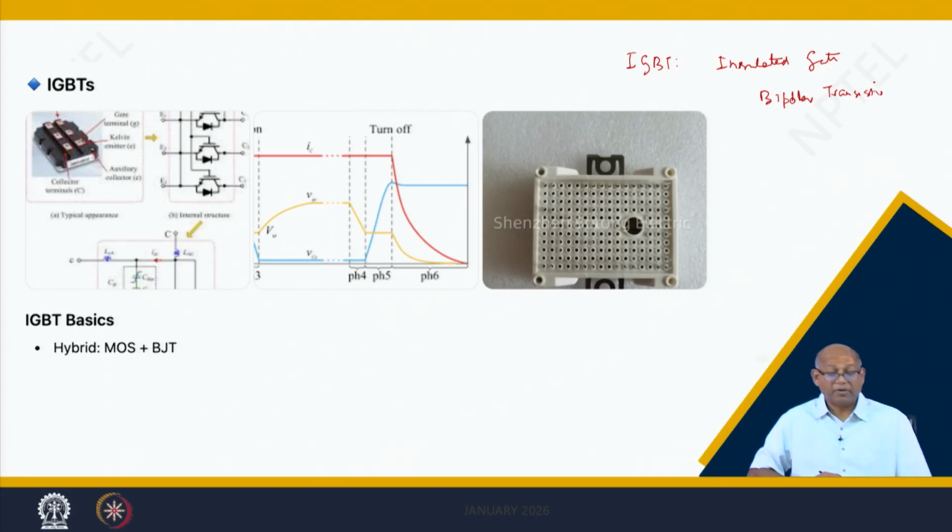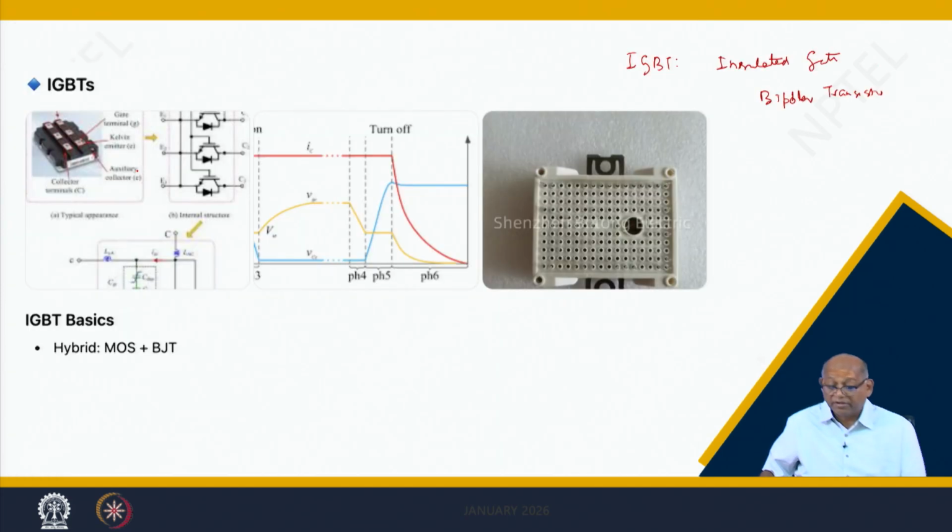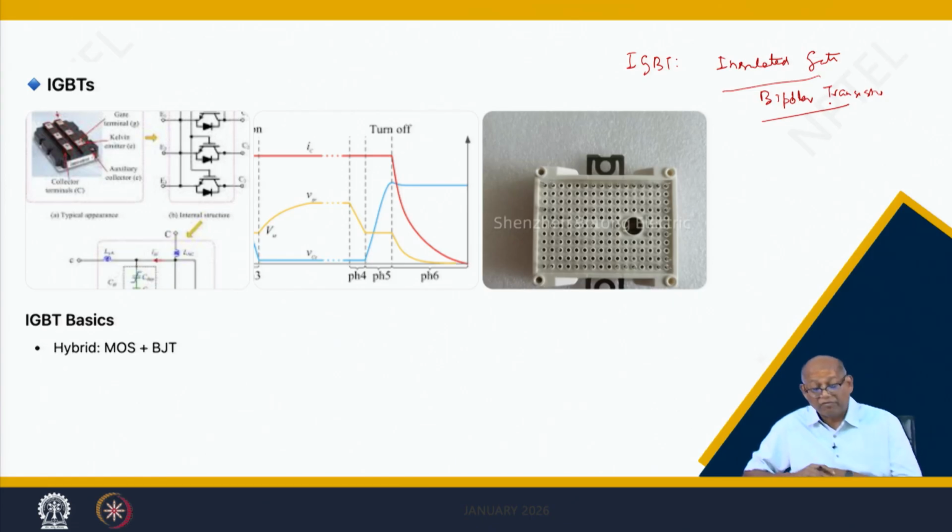So, what is the bad property of a transistor? It needs more base current. What is the good property of the MOSFET? It needs very little gate current, because it is insulated. The same thing here. So, there will be an insulated gate, but it will behave like a transistor. Transistors are good because they offer very quick turn on, and also high current.